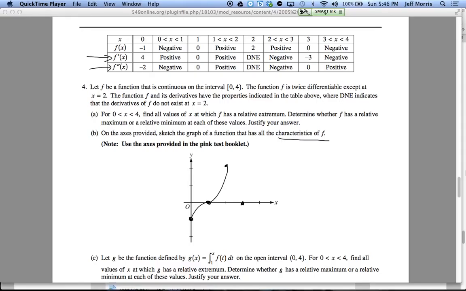Then it's concave what? Up. And then it's concave what? Down. Concave down at the top. What is it right here? So 2, 2. Okay, so this is concave up, right? What's the next one? Next one's concave down.